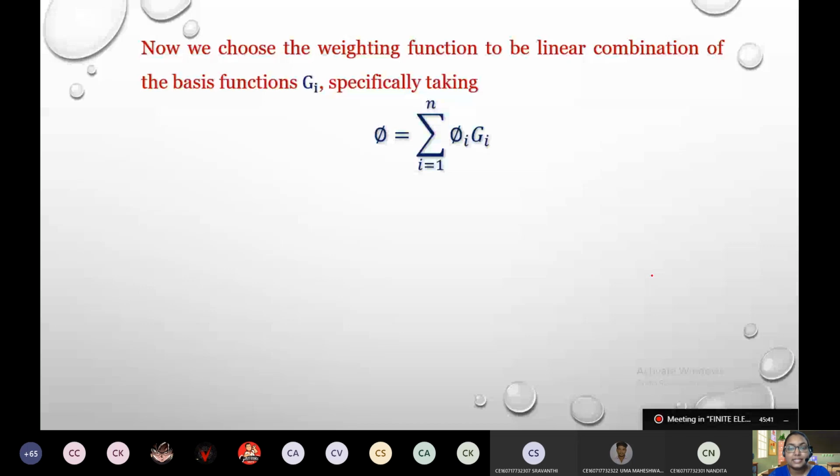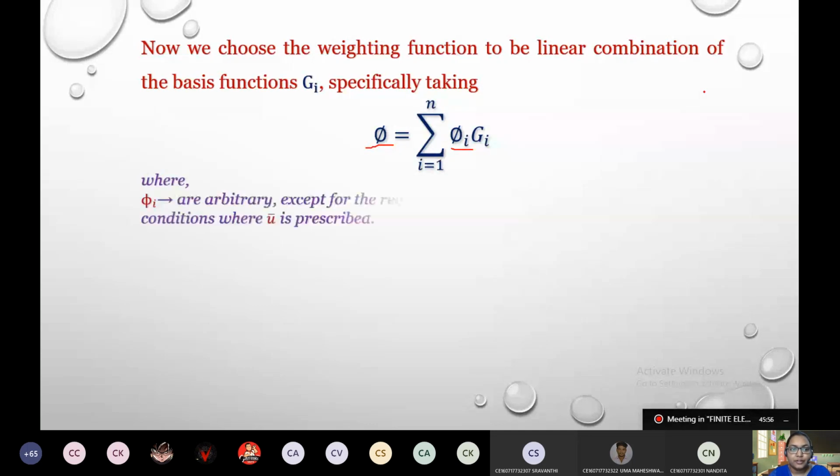Now this is taken as phi is equal to phi i Gi. Now there are two terms of the same category here: we have phi and we have phi i. Phi is the weighting function. Phi i are arbitrary coefficients for the basis function Gi.